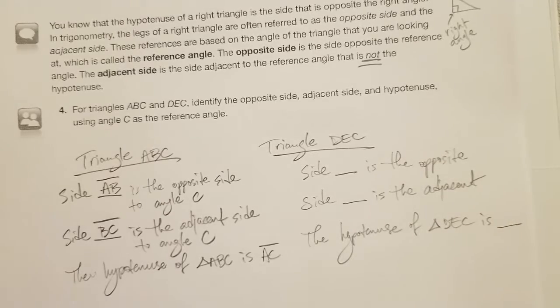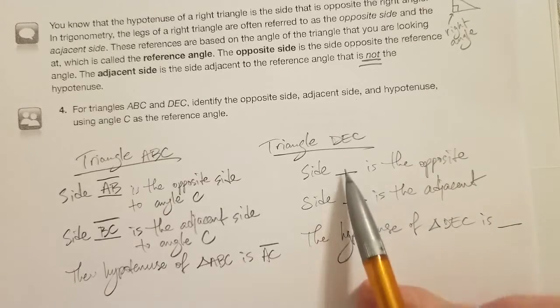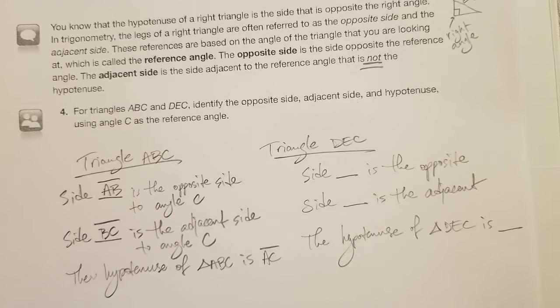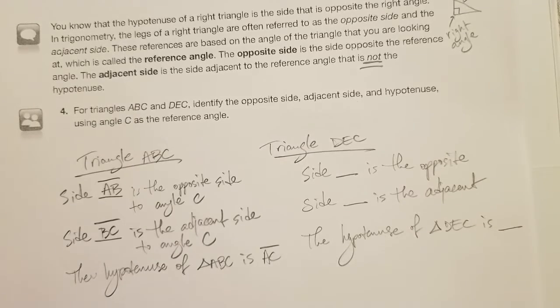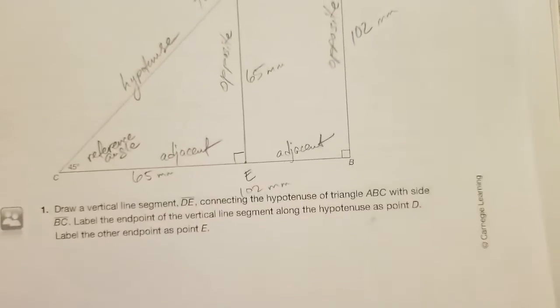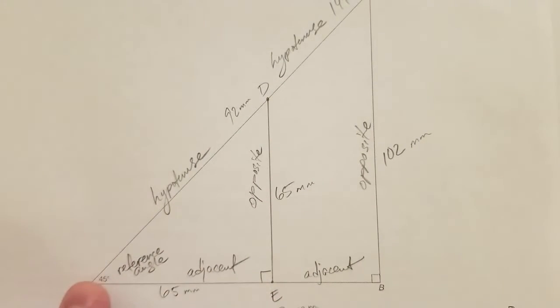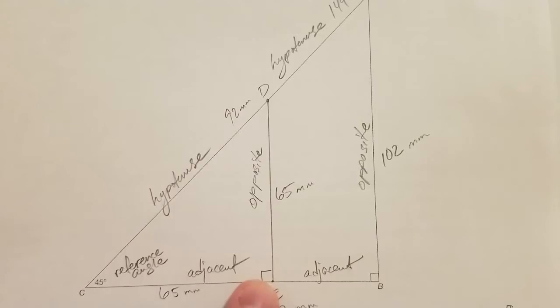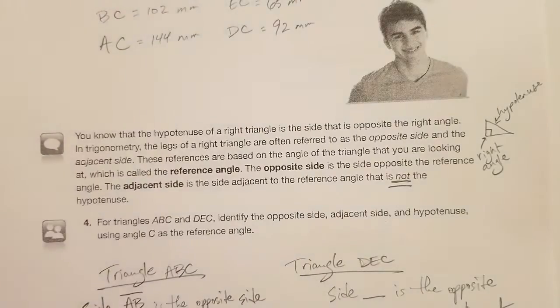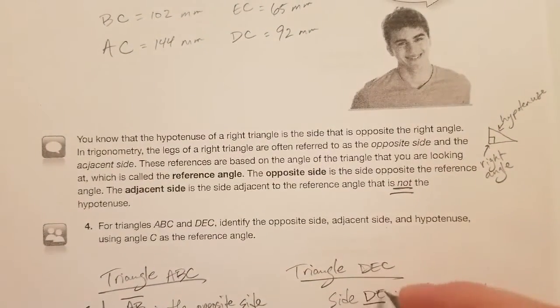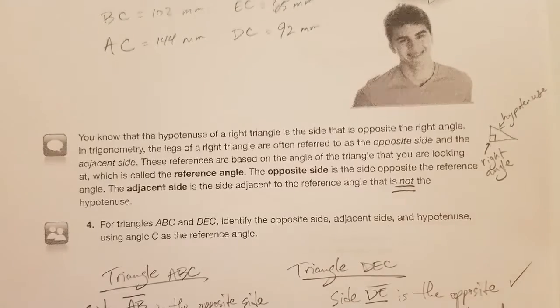Okay, let's see if we can get all three of these right. Write down what you think is the opposite side. Now let's look at the little triangle. We got triangle DEC. The opposite side is DE. Give yourself a little point if you got it correct.